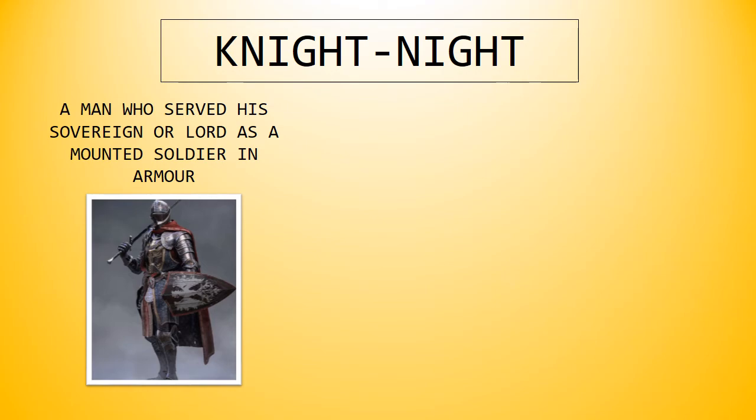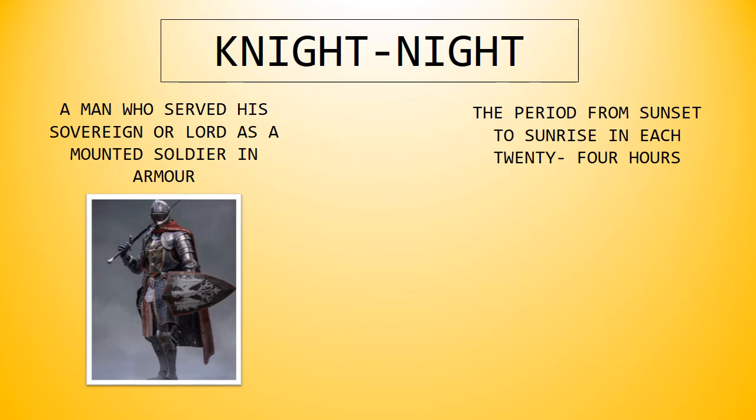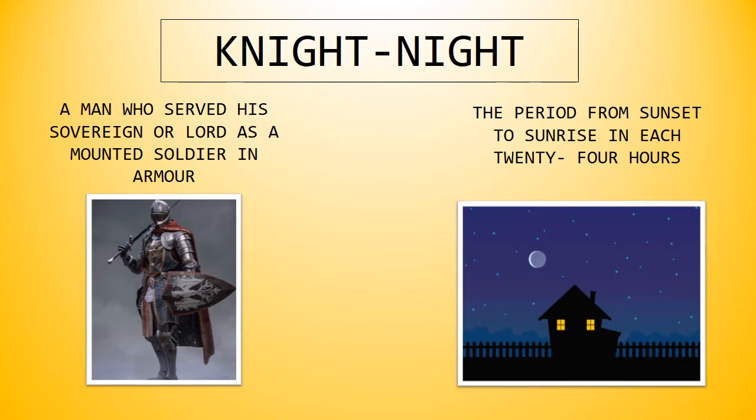And its homophone pair is NIGHT, night, that means the period from sunset to sunrise in each 24 hours. And children, you must have studied in geography that rotation of the earth causes day and night. I hope the difference between KNIGHT and NIGHT is understood to all of you.